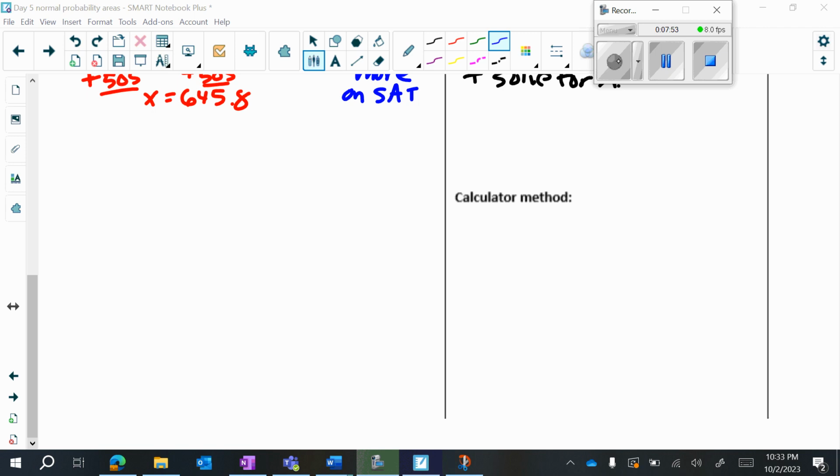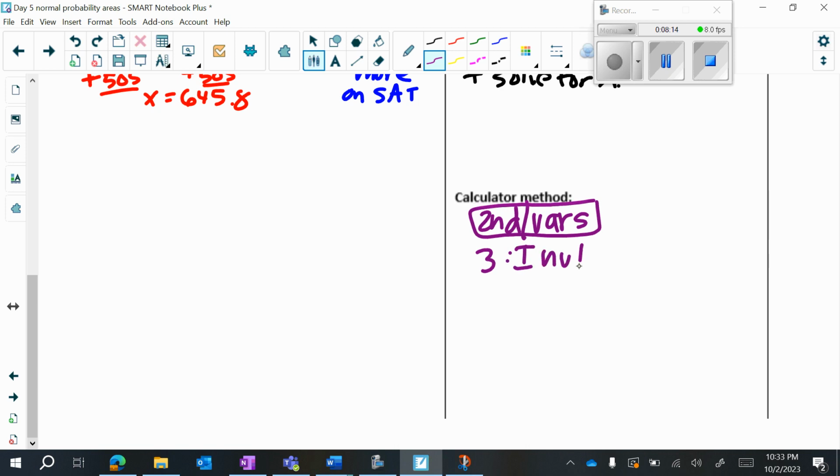Now, it turns out the calculator method is actually much easier for this, so I'm going to show you that next. First I'm going to write some of the steps here for you. On the calculator, you're going to press second vars. Then instead of going to number 2, which is normal CDF, you're going to go to number 3, which is inverse norm.